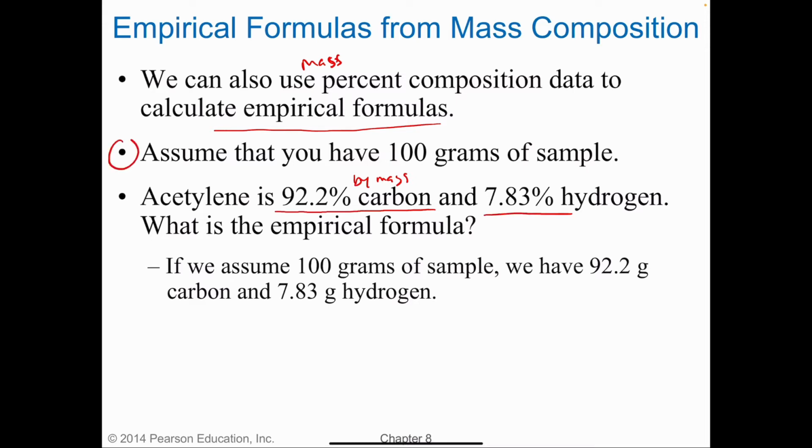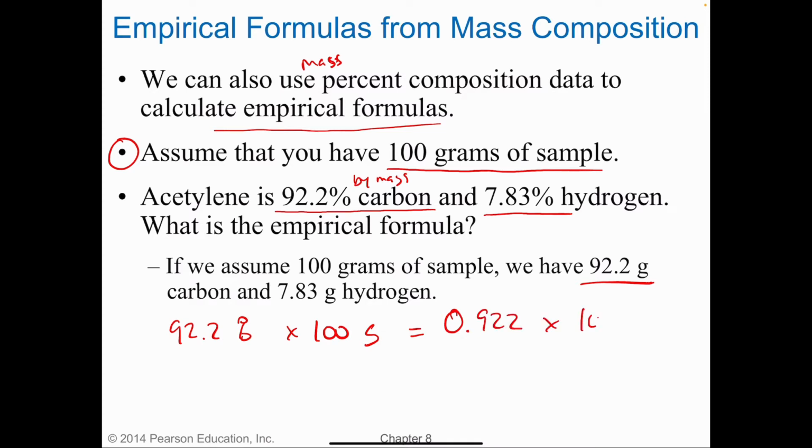So a trick for these problems is just go ahead and assume you've got 100 grams of sample. Even if they don't tell you the mass of the sample and they just give you percentages, just go ahead and assume you've got 100 grams of sample, because then you can quickly say, oh, if I've got 92.2% carbon, that means I have 92.2 grams of carbon, because 92.2% times 100 grams is the same thing as 0.922 times 100 grams equals 92.2 grams.